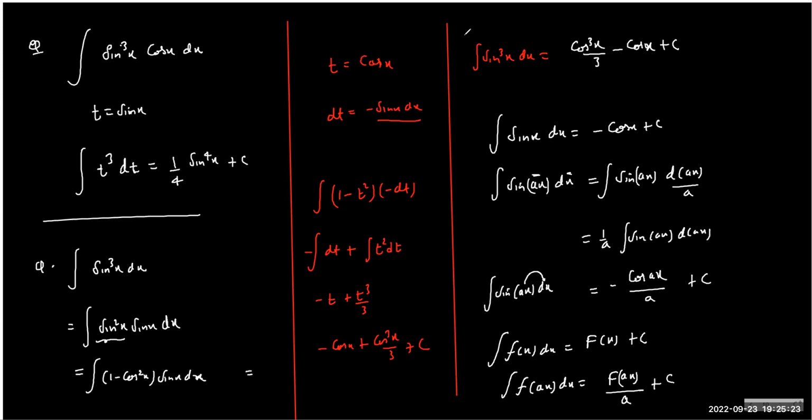This is a generalized way of writing, and it eliminates the need to remember or derive the answer. You can just write the answer, but once you write it, divide by a. Understood?